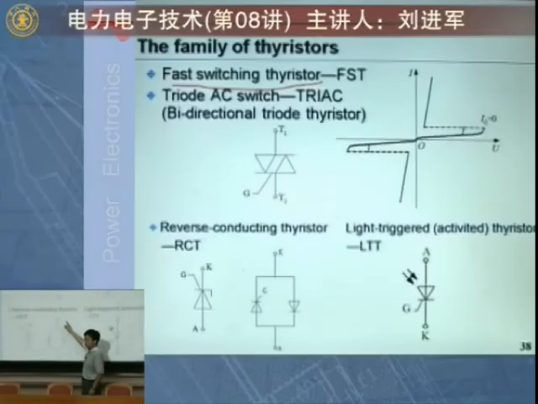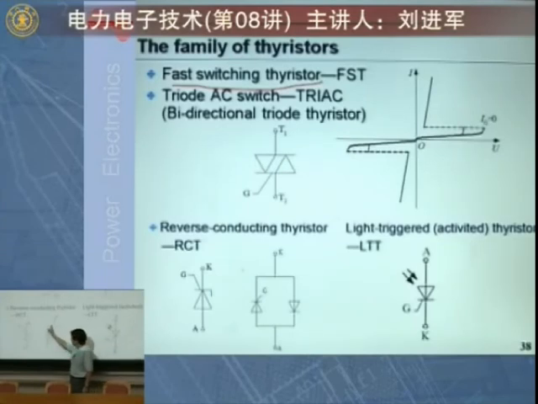Third one is reverse conducting thyristor. This is also very simple. It is actually the antiparallel connection of one thyristor with one diode. That means in this direction, I have the ability to control the conducting and the blocking of current flow through gate. But on the other direction, from K to A, it is a diode. I cannot control that through gate, but it is a diode.